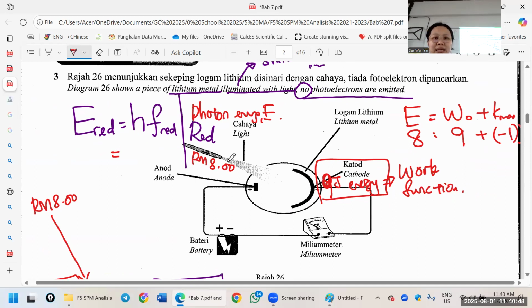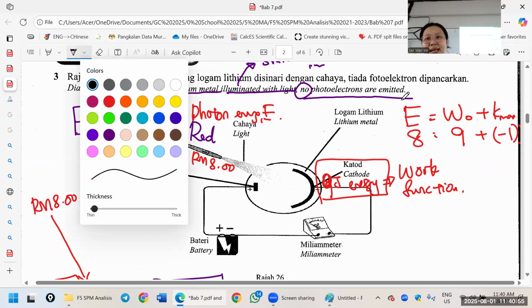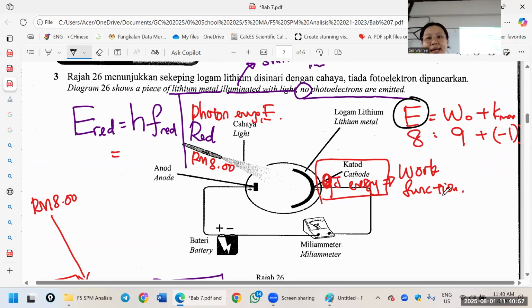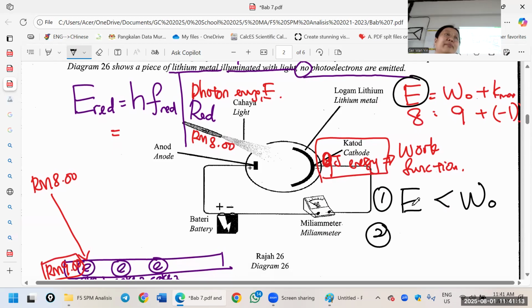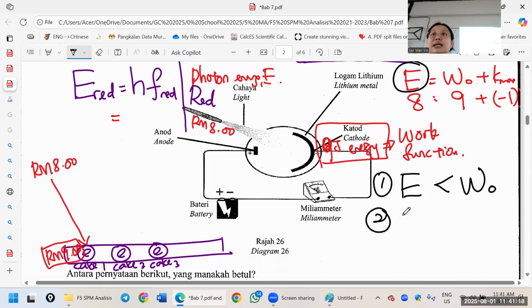So now what can we say? No photoelectric effect means, number 1, photon energy is less than work function. Number 2, let's figure out the formula for photon energy. It is hf.